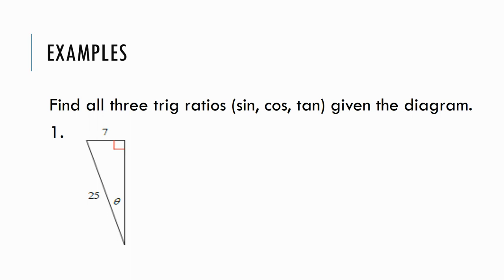We want to find all three trig ratios, sine, cosine, and tangent, given the diagram. Remember, when I want to find those ratios, we want to think of our special word, SOHCAHTOA, where sine is opposite over hypotenuse, cosine is adjacent over hypotenuse, tangent is opposite over adjacent.